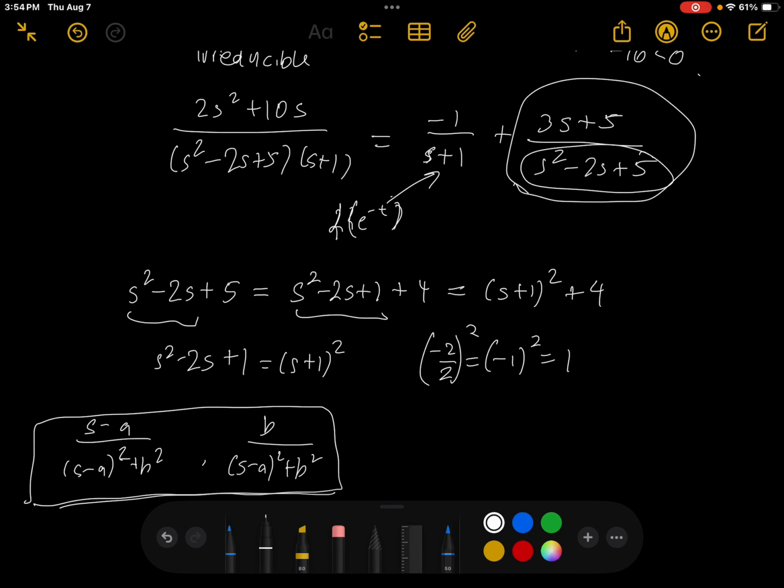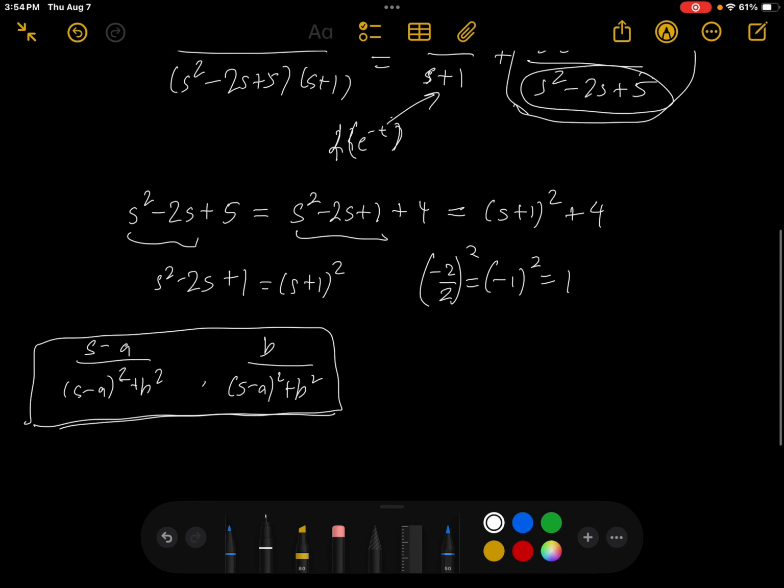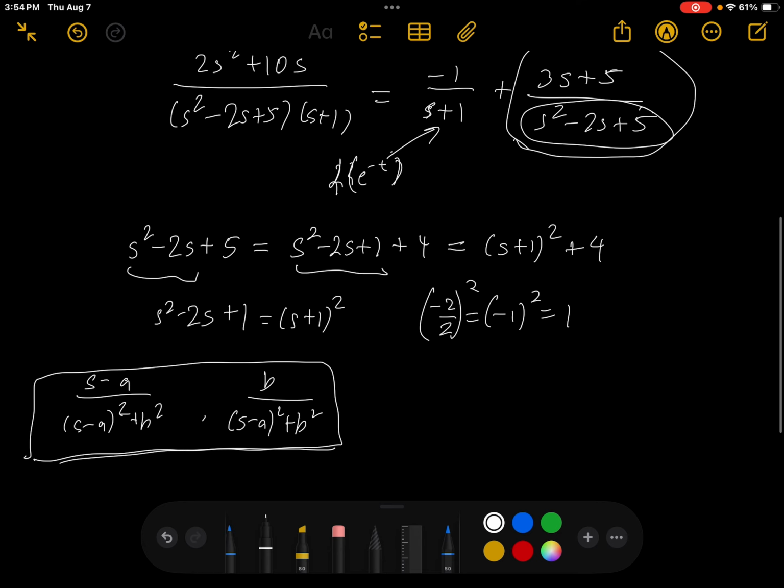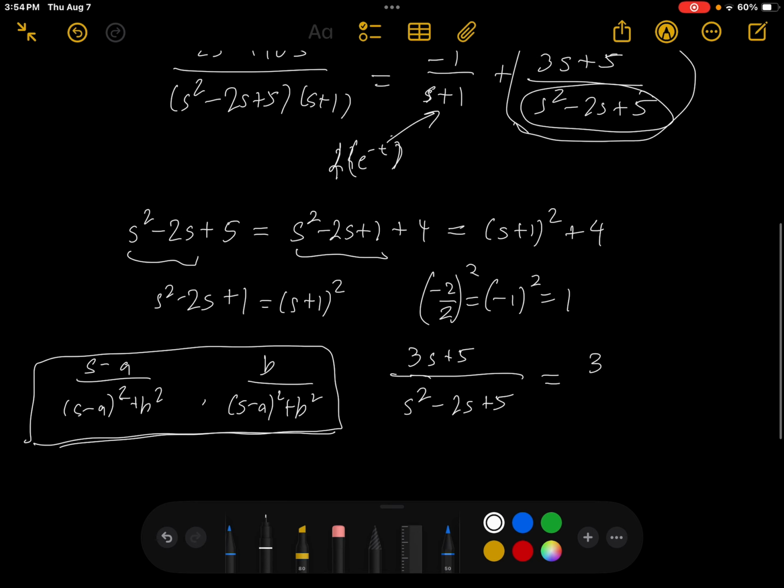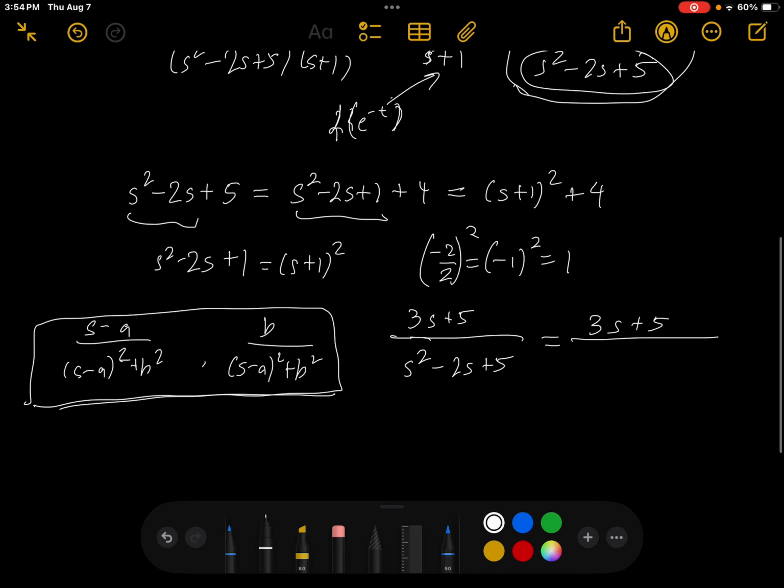I have 3s plus 5 over this quadratic, which is completely multiplied out. So what I'm going to do with this 3s plus 5 over s squared minus 2s plus 5, first you write the denominator so that it has the form s minus a squared plus b squared.